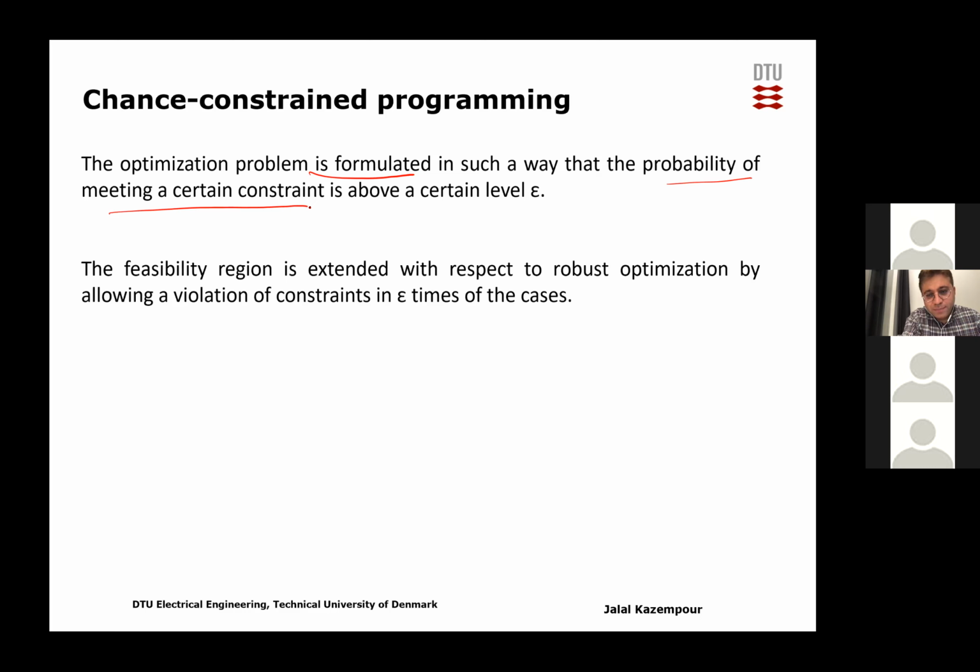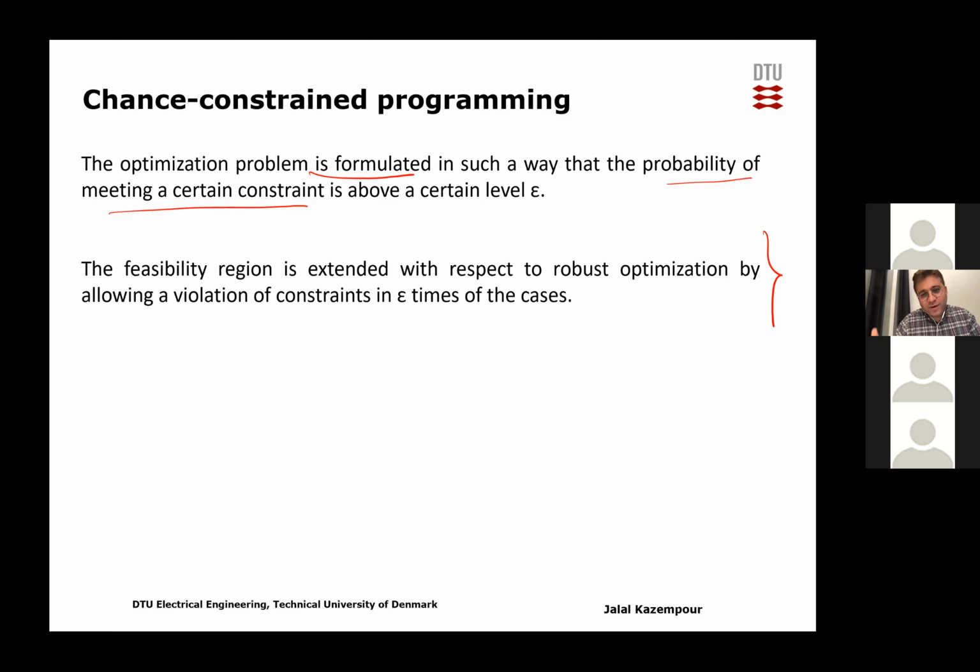So compared to robust optimization, we allow each constraint to be violated to some extent. And by that, we are extending the feasible region, or you can say we are shrinking the uncertainty set, and this way we are controlling the conservativeness.